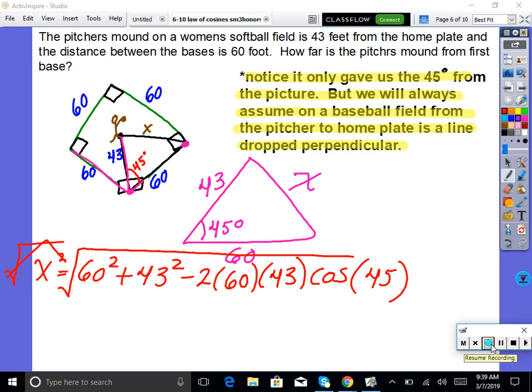Just let me know what you get. Yep, 42.4. So it's 42.4 feet. Pretty dang close to the same from the pitcher to the home plate. Very good.